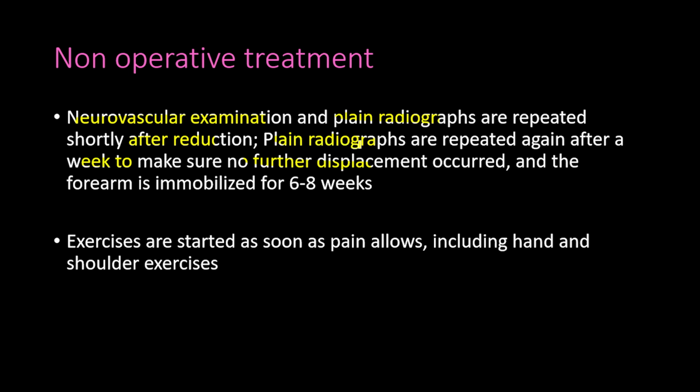And the plain radiographs are repeated again after a week to make sure no further displacement has occurred and the forearm is immobilized for 6 to 8 weeks. And exercises are started as soon as the pain allows, including hand and shoulder exercises to prevent stiffness.